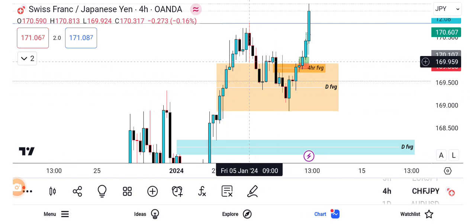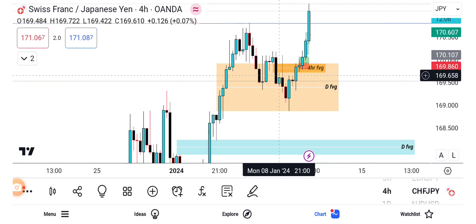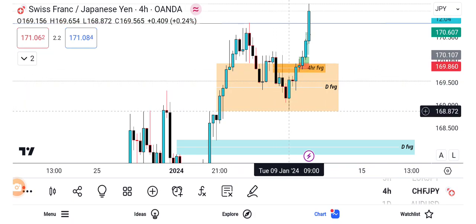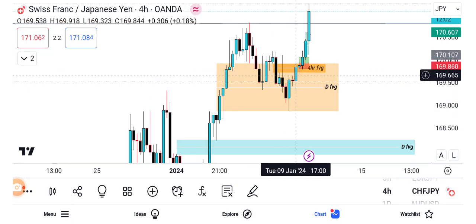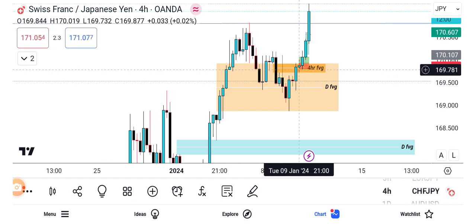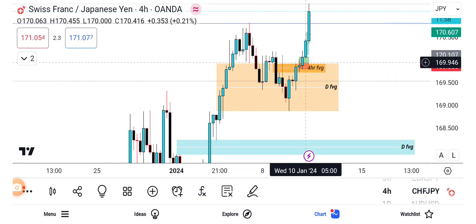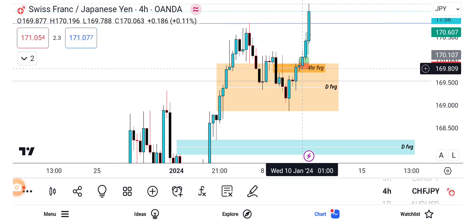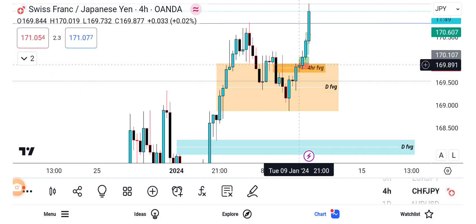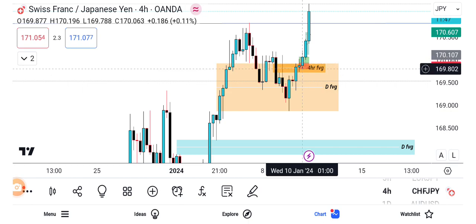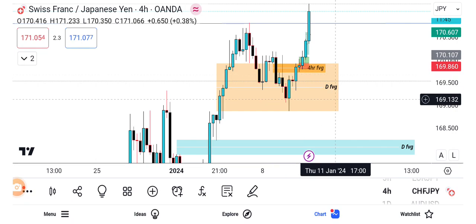Yes, from Friday to Monday, we had this consolidation, full rebalance, then we had this retracement higher. So yesterday what happened is, we see this candle close, at around today at around 5 a.m. this candle closed outside this daily fair value gap.